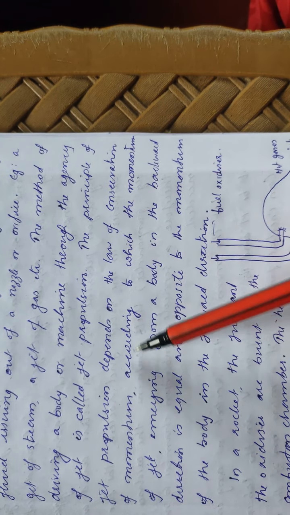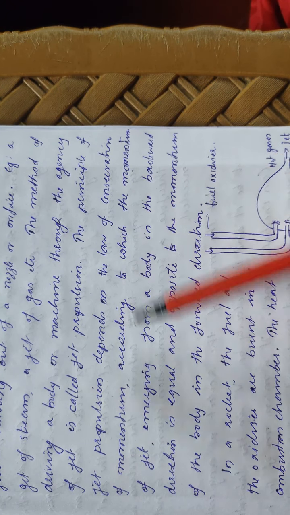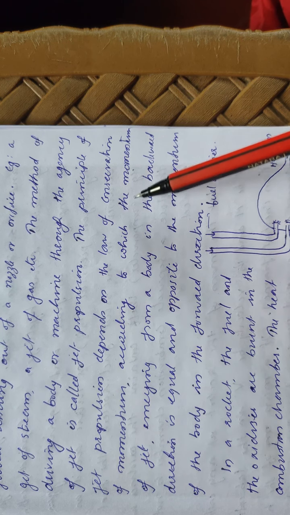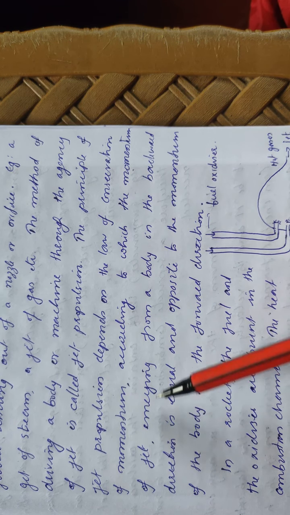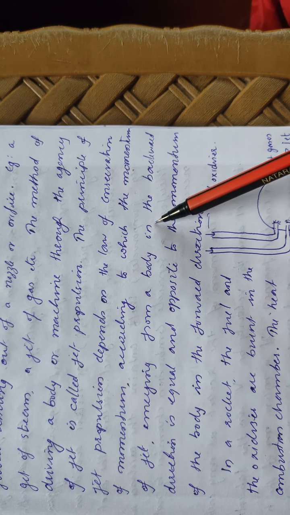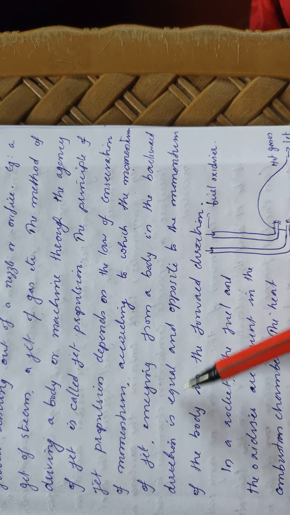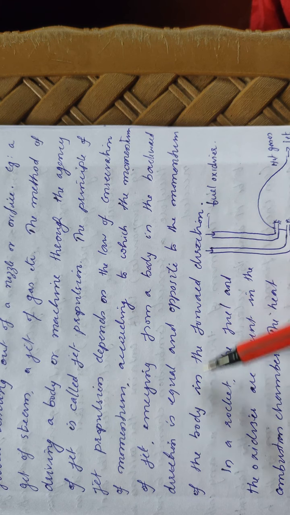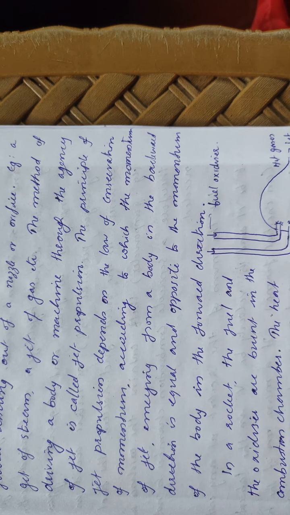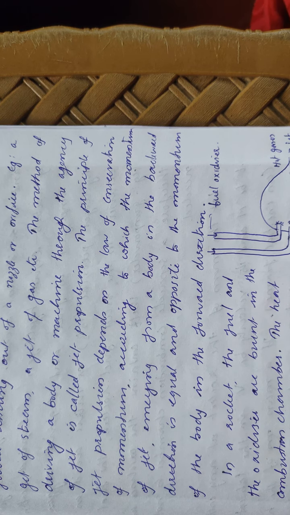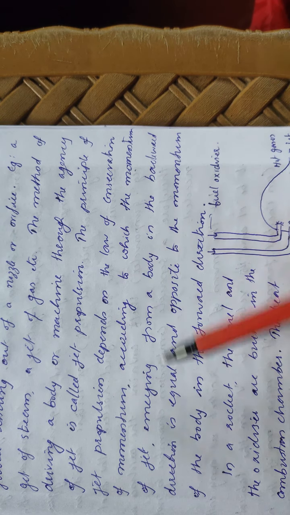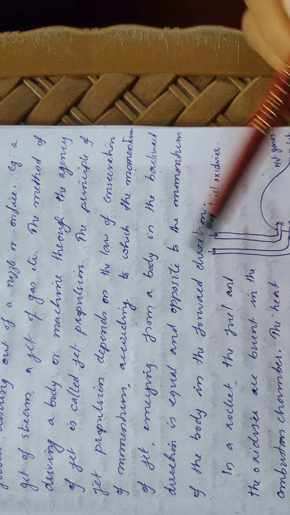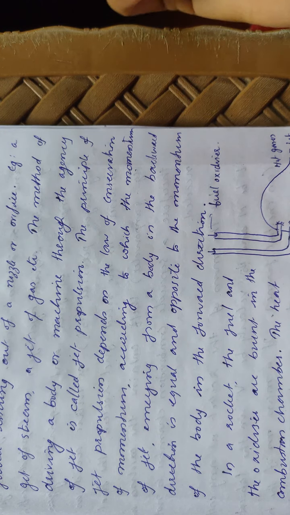The principle of jet propulsion depends on the law of conservation of momentum, according to which the momentum of the jet emerging from a body in the backward direction is equal and opposite to the momentum of the body in the forward direction. So the rocket is working on the principle of jet propulsion, and jet propulsion depends on the law of conservation of momentum.